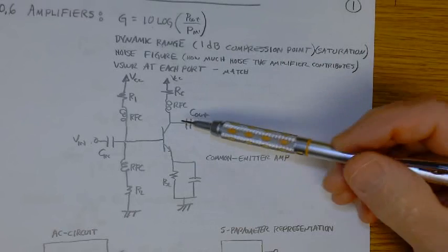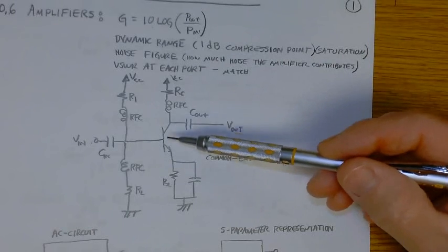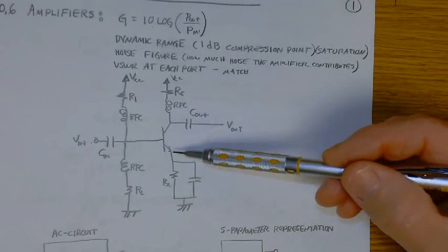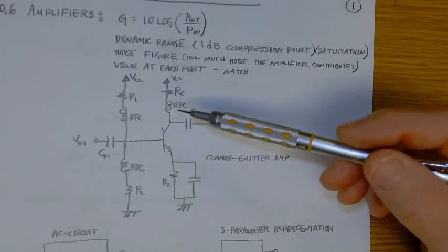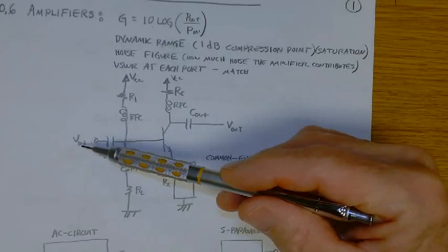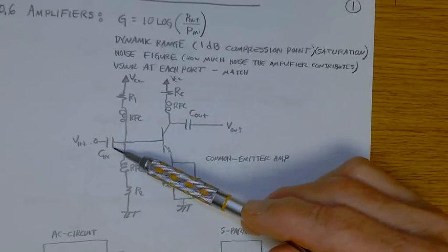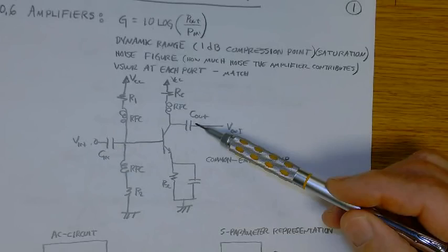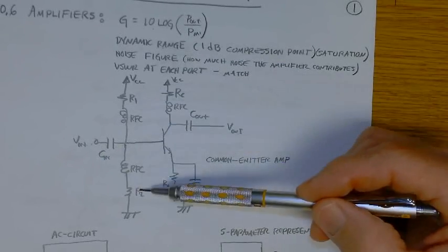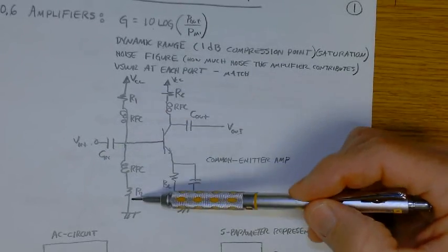But here's a BJT, and we're just going to build an RF amplifier with this. So it has an input on this side and an output over here. You have an input coupling capacitor and an output coupling capacitor. R1 and R2 are just bias resistors.